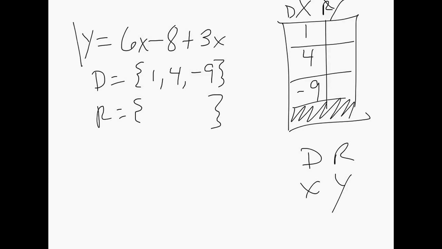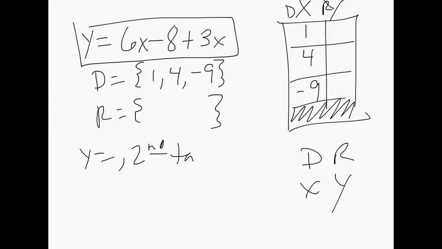We say go to your calculator and type in y equals. So I go to my calculator, go to y equals, clear out anything that's there, 6x minus 8 plus 3x, and then I do second table, which is second graph, and then I look in here at 1, it goes with 1, at 4, it goes with 28, and then I gotta scroll way back up to the top, negative 9 goes with negative 89.